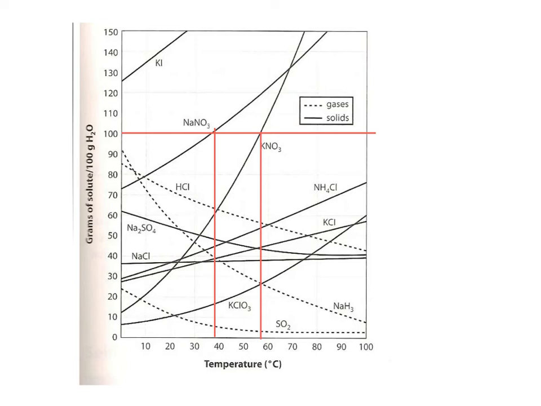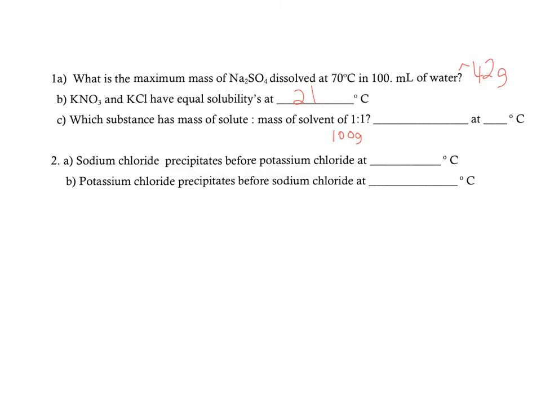So we've got two: sodium nitrate at about 38 degrees Celsius and potassium nitrate at about 58 degrees Celsius.